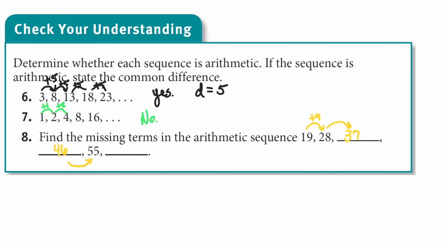Then plus 9 would get us to 55. And the last thing we would have is 9 plus 55, which is 64. So the pattern we're looking at is an arithmetic sequence, and it has a common difference of 9.